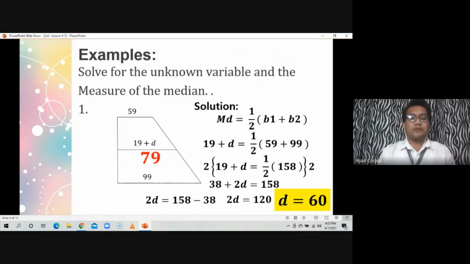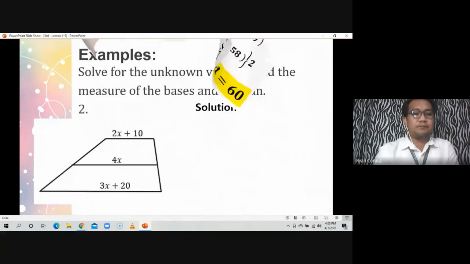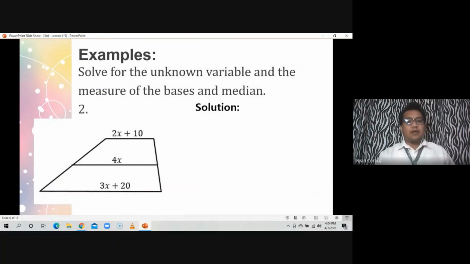Any questions so far? So if none, let's proceed to another example for you to understand it more clearly. Let's try another example here. So again, solve for the unknown variable and the measure of the bases and median. Why do we have to find out the measure of the bases and the median?